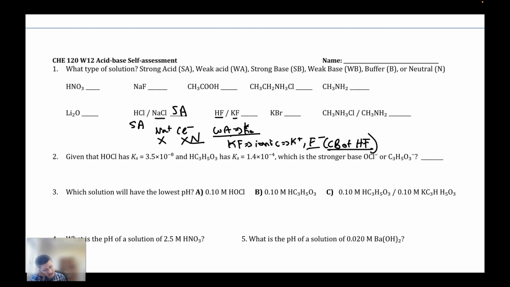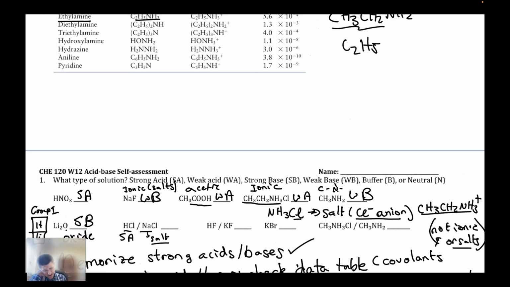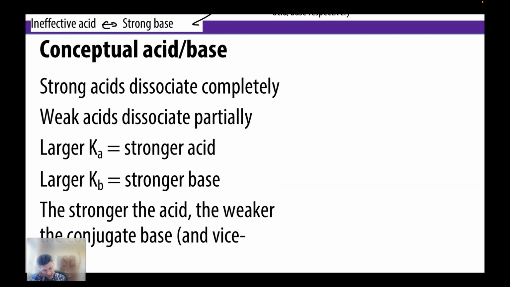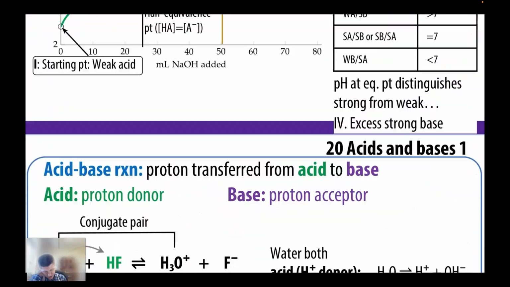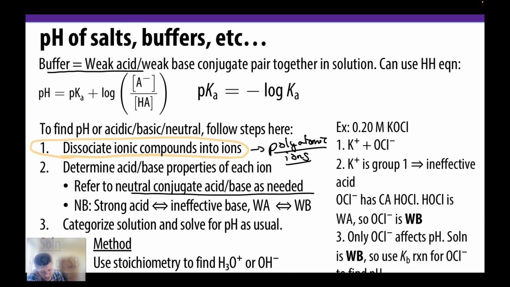When we have a weak acid and a weak base conjugate partner in solution, that's a special type of solution called a buffer. That is another thing to maybe memorize, that definition of a buffer. We'll pull that back up here. So a buffer is a weak acid, weak base conjugate pair together in solution.